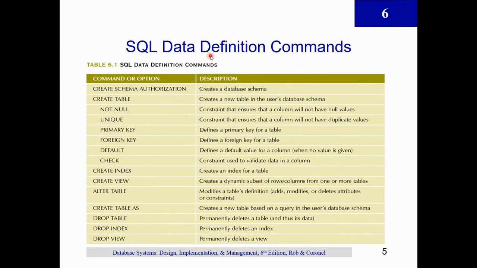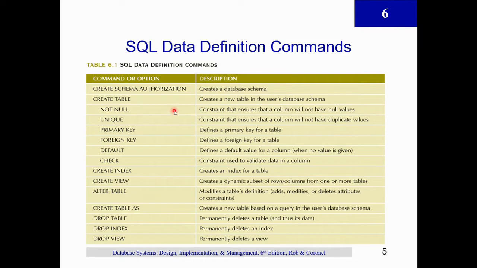Okay, this is the data definition commands. Okay, kalau kamu tengok sini, I think all of you must be familiar with this command. Okay, because kita dah try buat dah dalam lab 1 itu. Okay, so create schema authorization. Create database schema. Okay, first kita kena create schema. And then bila schema dah buat, kita create table. Okay, create new table.